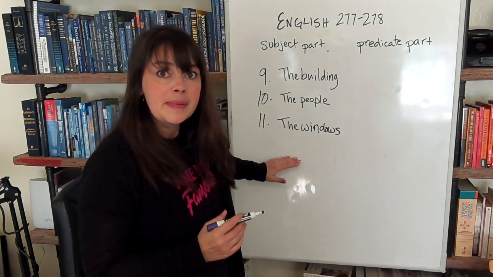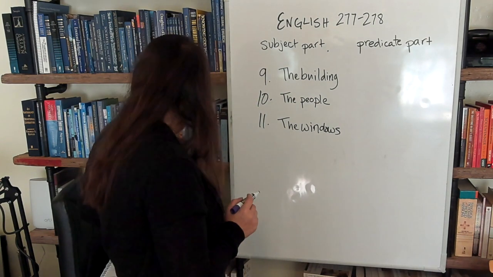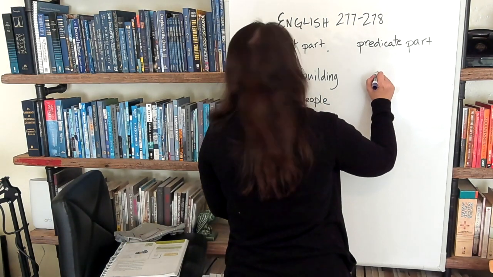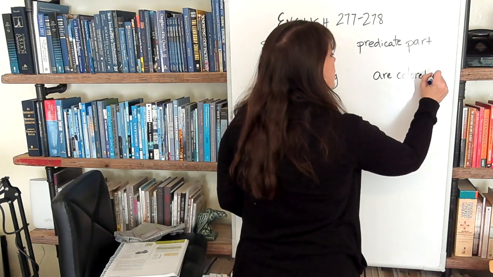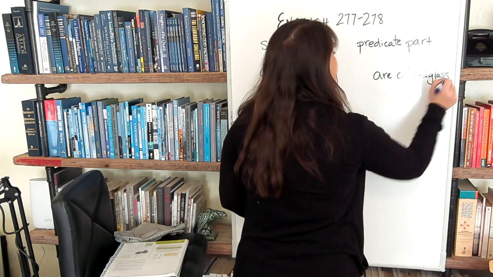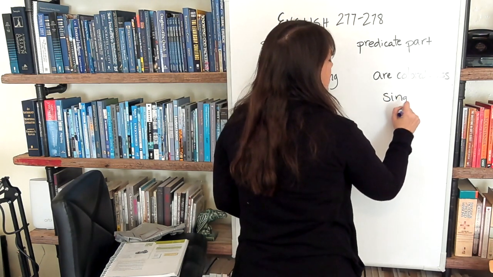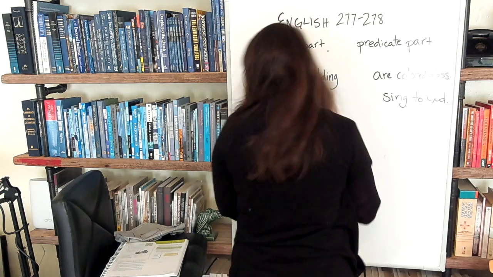These are just fragments, and they are all subject parts, okay? And then we'll have this other option on this side. Let me make sure I'm writing it correctly. Are colored glass. Sing to God. Put those end marks in.